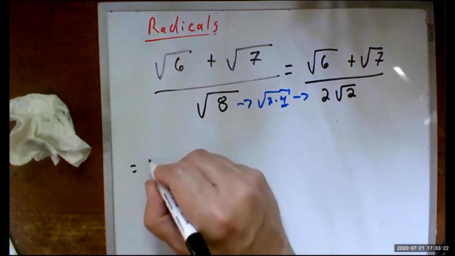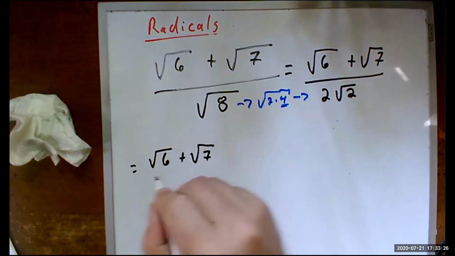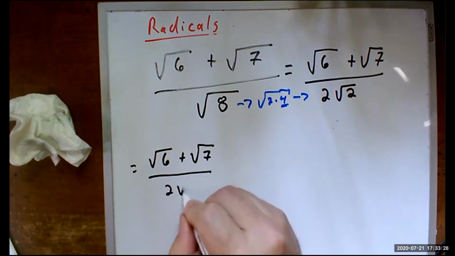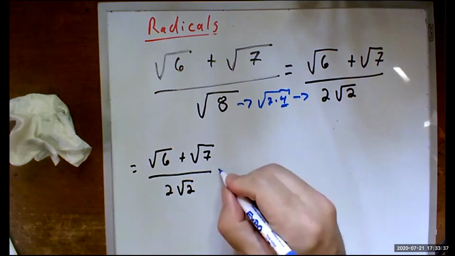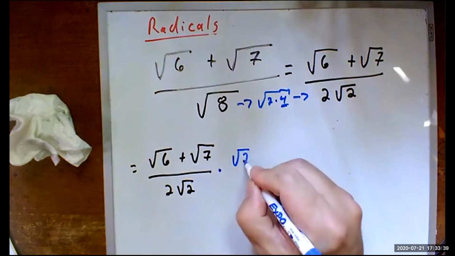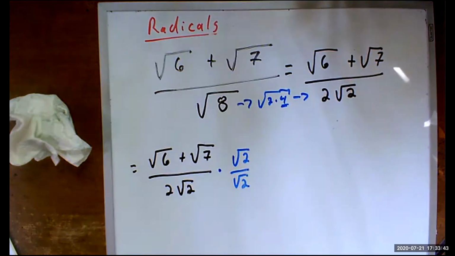So now I can take my root 6 plus root 7 over 2 square root 2, and I go, oh, I have a radical on the denominator. I'm not allowed to do that. So this is going to multiply by the square root of 2, top and bottom.